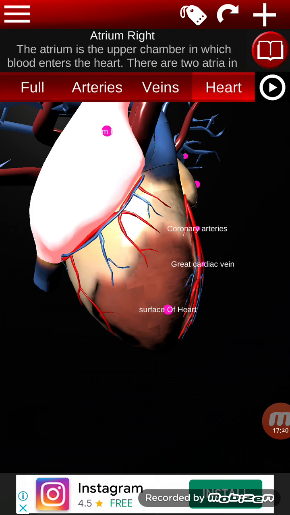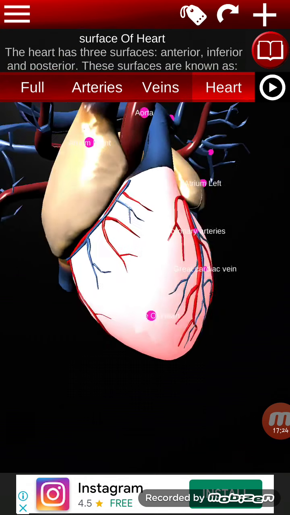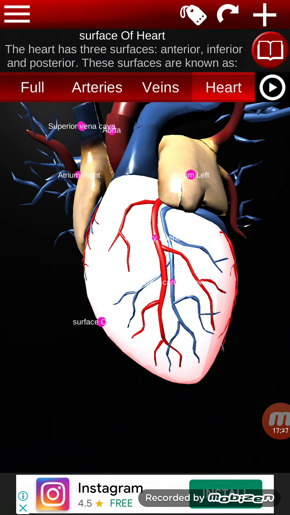Next one is aortic arcs. There are two aortic arcs present in man. First one is pulmonary arch and second one is systemic arch.